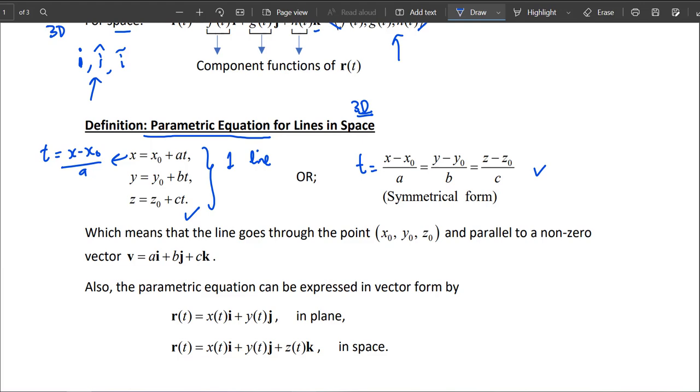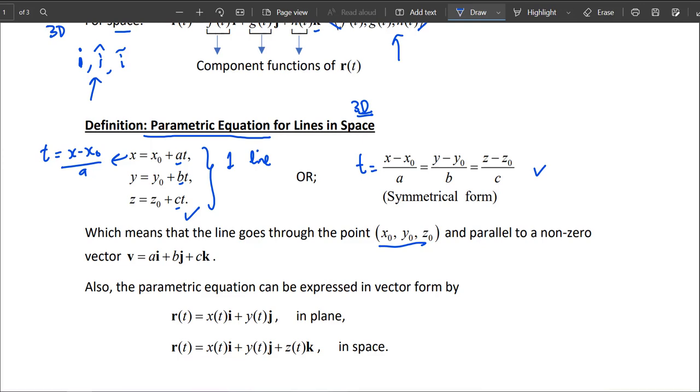So vector v has components a, b, c: vector v equals ai plus bj plus ck. So from this one equation, we know two pieces of information. The first is that the line goes through the point x naught, y naught, z naught, and also the line is parallel to vector v.